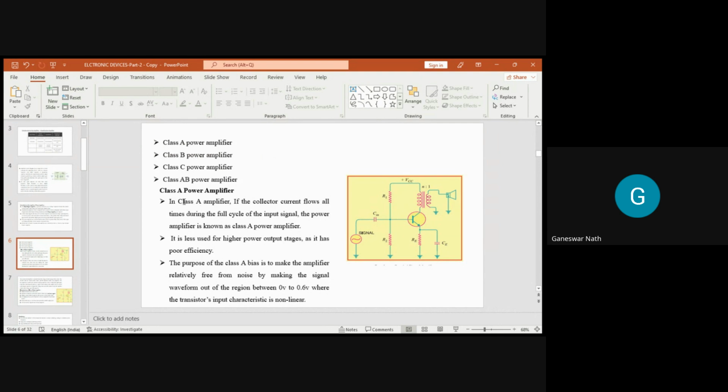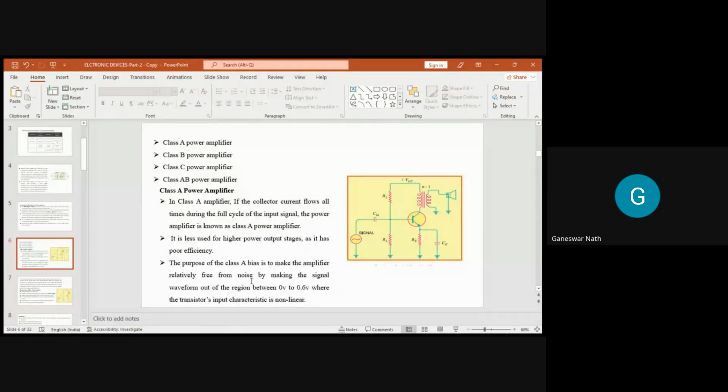All of you remember: if the input signal flows throughout the entire cycle, we call it a class A power amplifier. It is less used for higher power output stages as it has a poor efficiency. It is very rarely used, since its efficiency is very low.